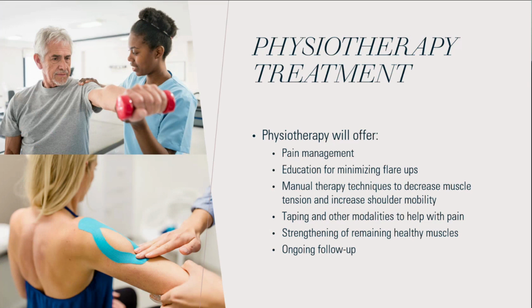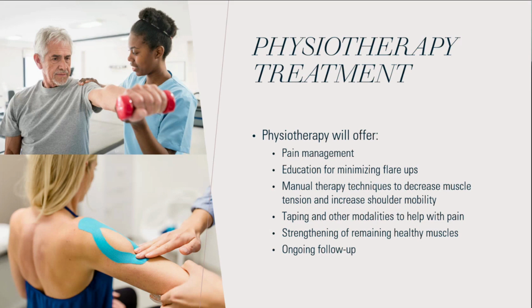So what we might do when we see you in clinic, we would obviously go through an initial assessment where we would do tests and things. We'd go through range of motion and basically try and see if we can pinpoint a little bit more specifically what is causing your shoulder pain. And then from there, we would go into our treatment.